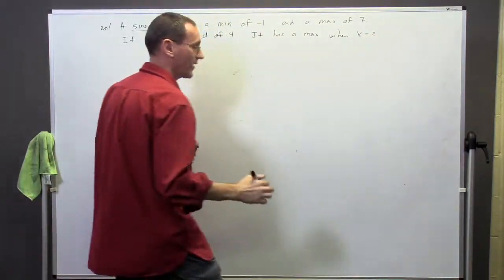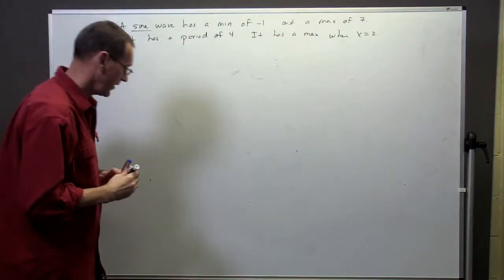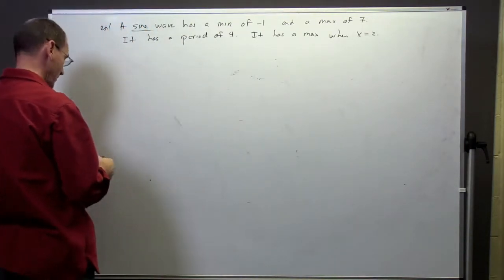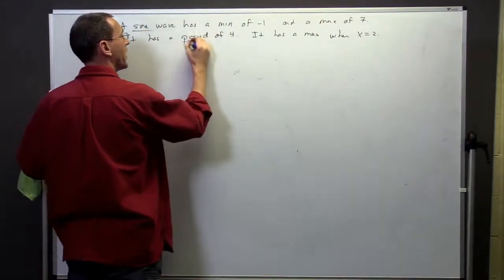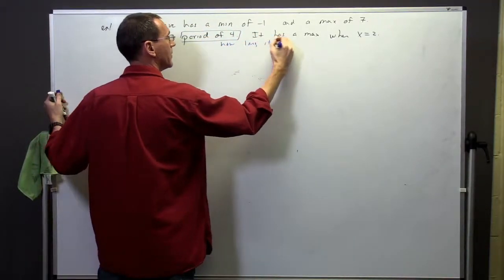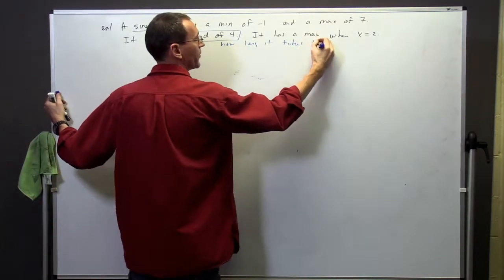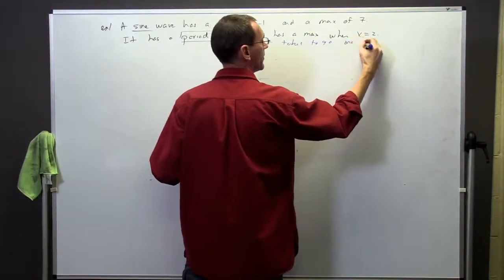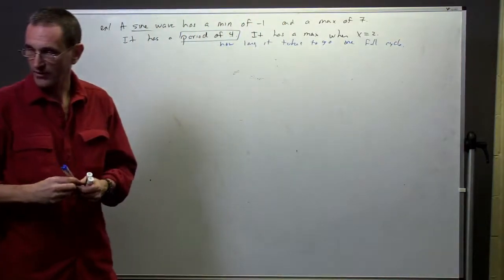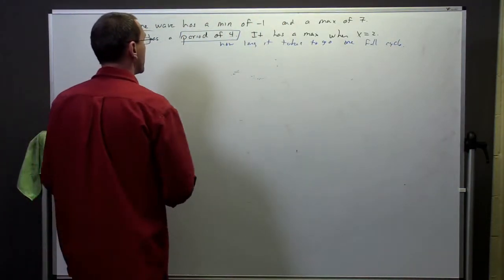And it's going to hit a max when x equals 2. Okay? So, all right, what does period mean? Period is how long it takes to go through one full cycle. Okay? So let's see if we can draw a picture of this beast.